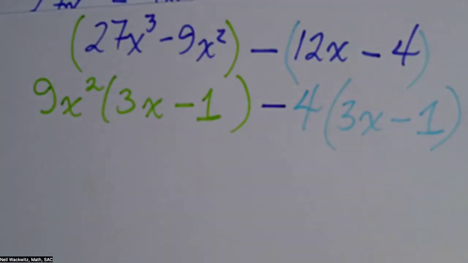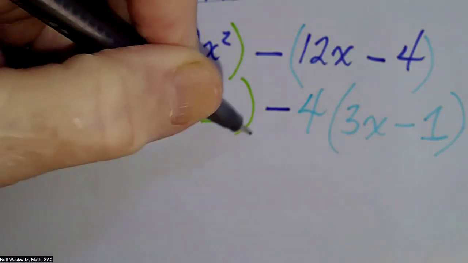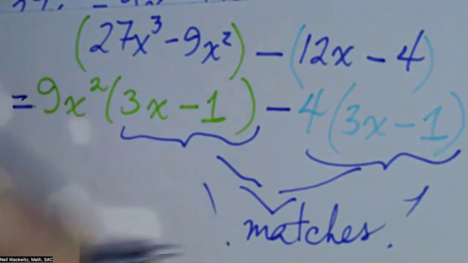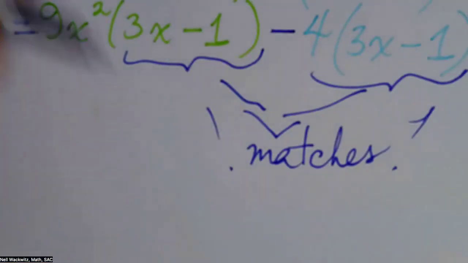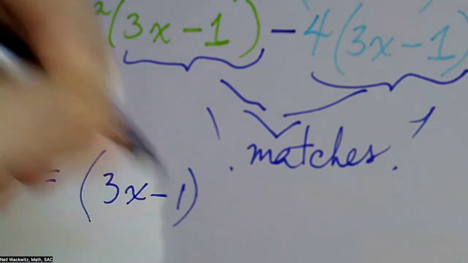Now tell me why or why not am I happy at this stage? And why am I happy if I'm happy? Yes, because they match. That's right. Good. And what matches? 3x minus 1. Very good. Okay, so we're going to factor that out front: 3x minus 1.